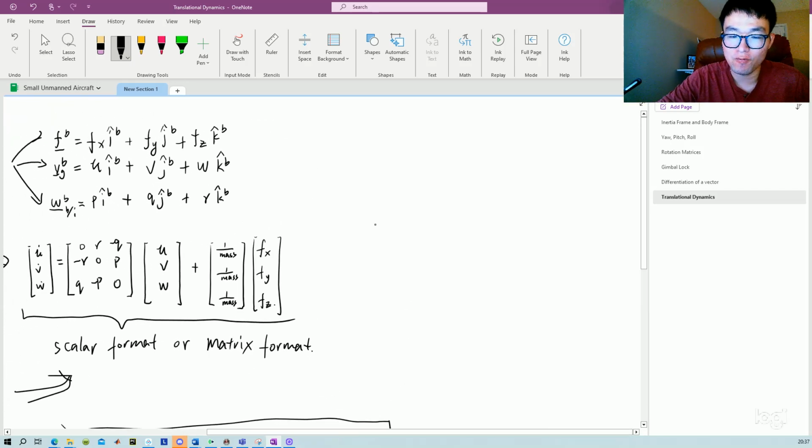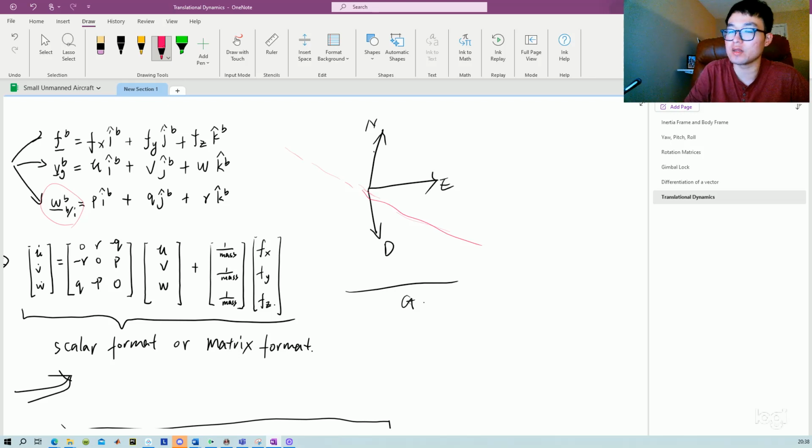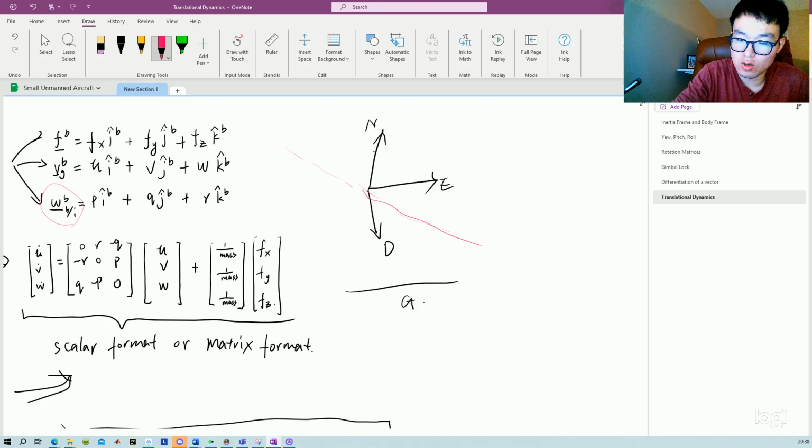If this is your inertia frame, north, east, and down, it's down to the ground. And if your rotating frame is rotating against a certain axis like that, it's rotating using the so-called right-hand rule. So your positive rotation is defined by the right-hand rule.